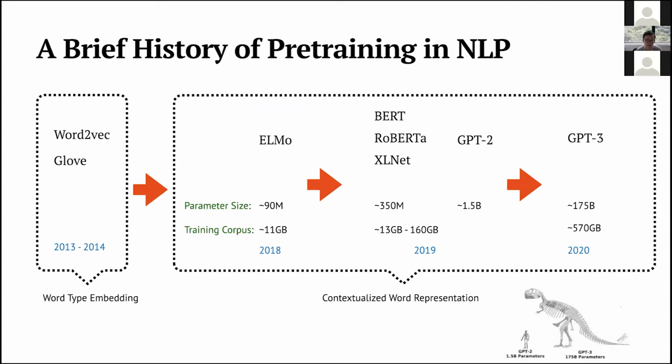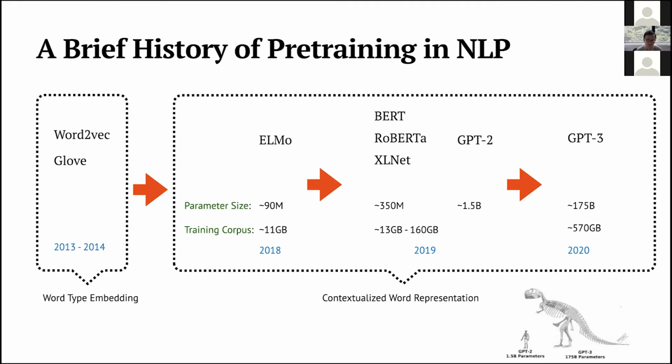From 2018 to 2020, performance has grown fast, and the parameter size has also grown exponentially. ELMo only has 90 million parameters, while GPT-3 already has 175 billion.